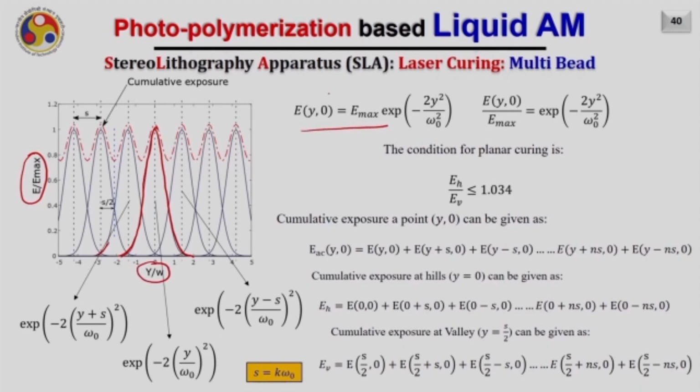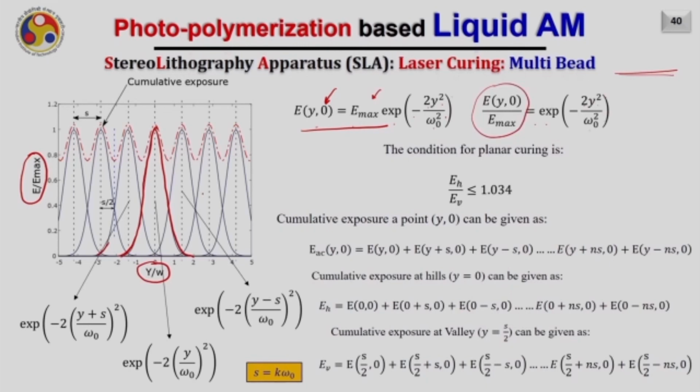If you recall, there is no Z term here because I am assuming Z equals 0, meaning I am considering just the top surface. It is equal to Emax exponential minus 2y square by omega naught square. In other words, I can write E by Emax equals exponential minus 2y square by omega naught square.